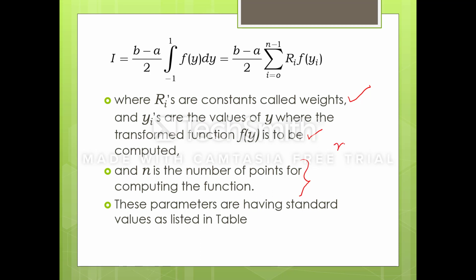If n is 2, the approximation will be a straight line. And if n is 3, it will be a quadratic function; a quadratic curve will be approximated. If n is 4, we will have a cubic curve.